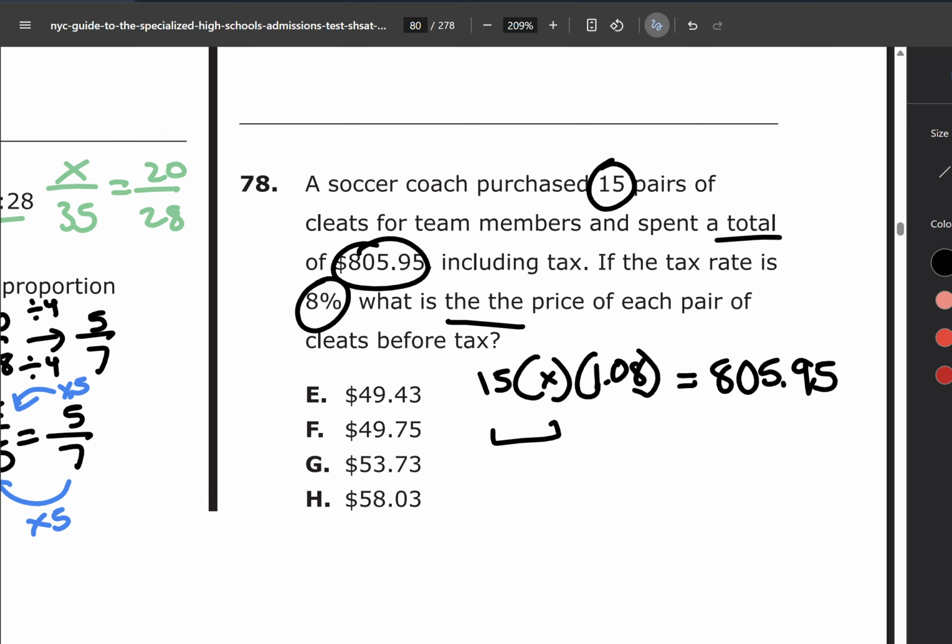That is because the tax rate is 8%, and we're already paying 100%. And 100 plus 8 is 108. And then what we have to do is just solve for x. So I'm not going to do the whole math in front of you. This is pretty self-explanatory. 15 times 1.08 leads to a certain number. So that times x is equal to 805.95. You'll get that x is equal to 49.75, which is choice F.